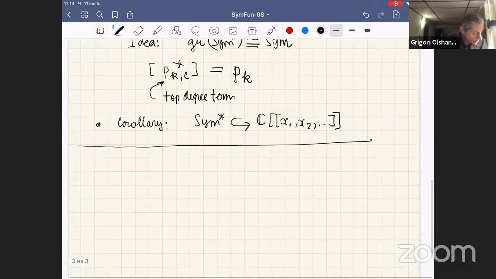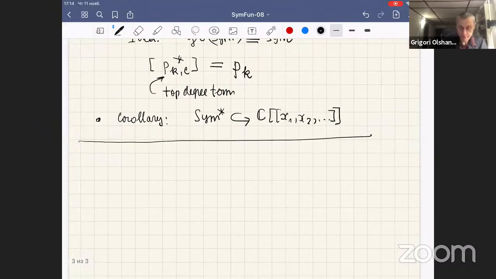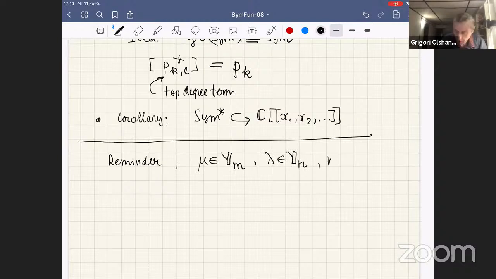And I recall the result from the previous lecture. This is a reminder. The result is as follows. Assume mu is a Young diagram with m boxes, and lambda is another diagram, and n is greater than m, then we have the following result.